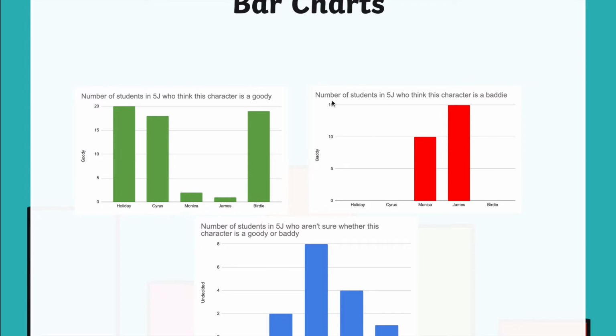Here I've created a bar graph that has the number of students in 5J that think this character is a baddie. Now notice some of my characters don't have a bar. That's because they're 0. Nobody thought Holiday was a baddie, nobody thought Cyrus was a baddie, and nobody thought Birdie was a baddie. And then this one is about what those students that were undecided.